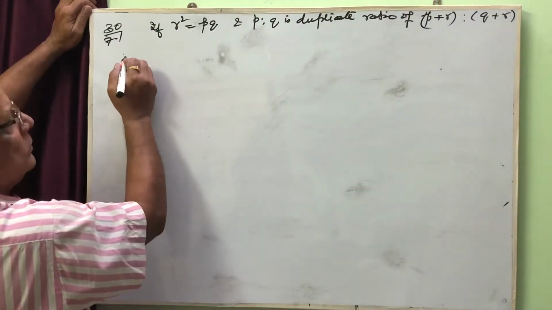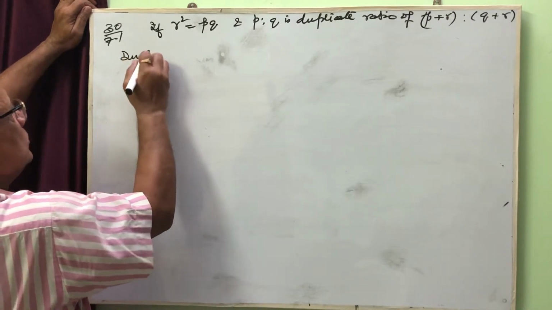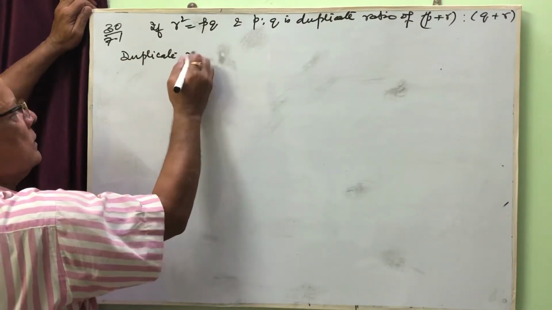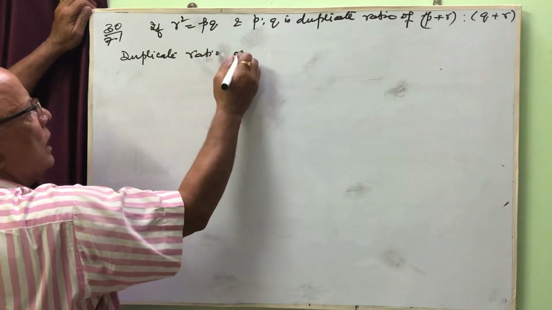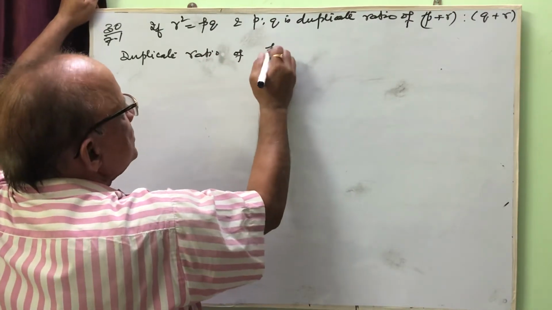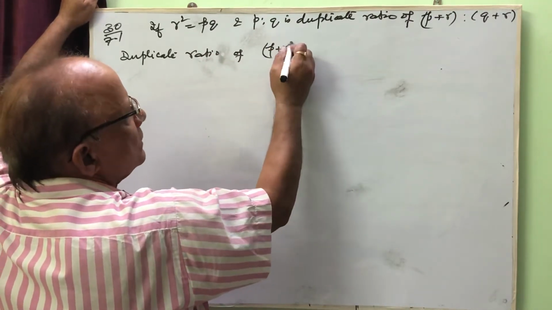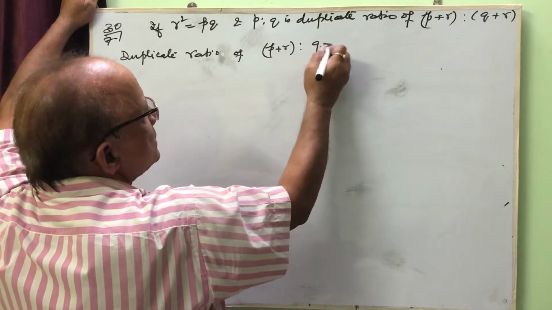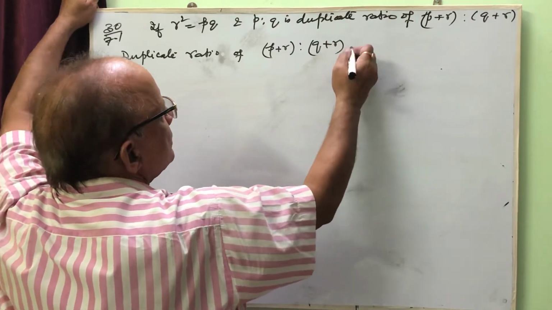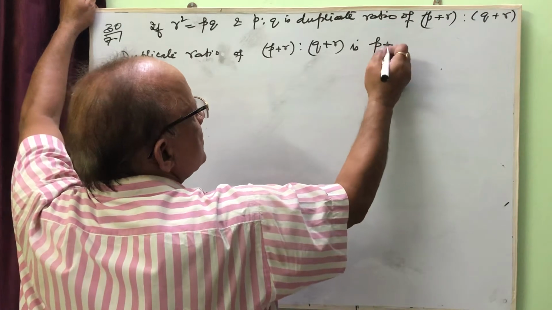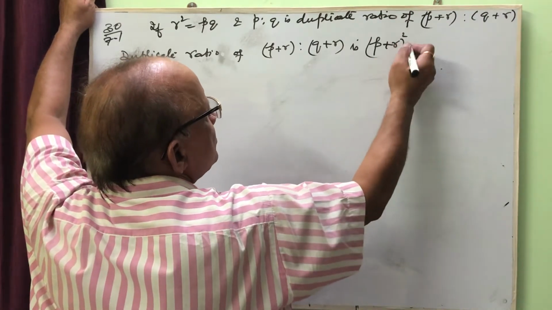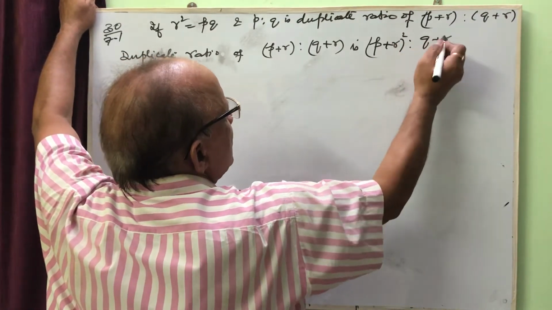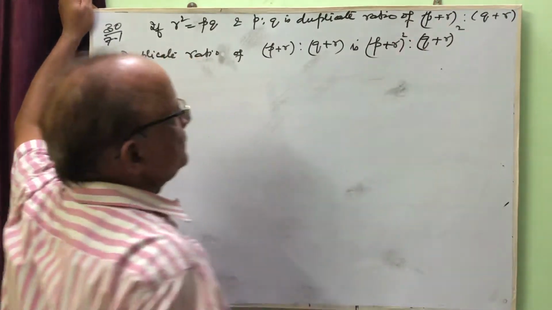Now the duplicate ratio of p plus r is to q plus r is p plus r whole square is to q plus r whole square.